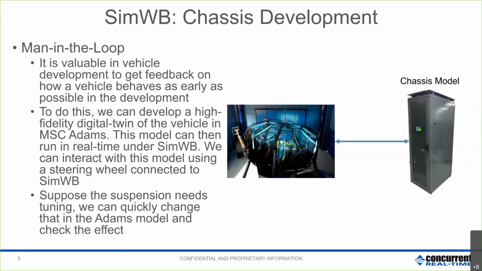Suppose, again, Tony G was talking about the leaf suspension. If you want to change the suspension a little bit, you can change the parameter in the Adams model, go over the real-time conversion and bring it back, and then run it in real time in Simulation Workbench. And now the driver is going to feel the difference in the new suspension.